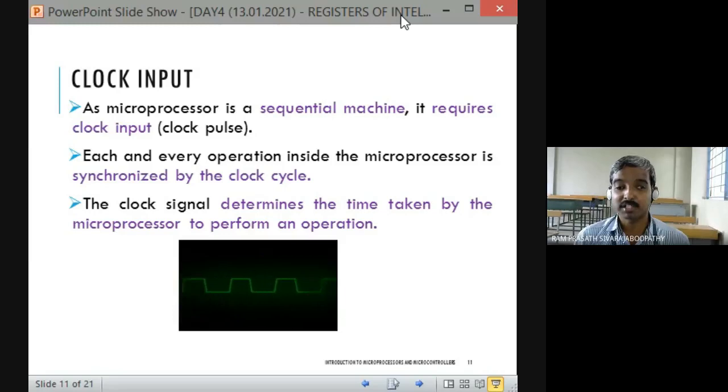What have we said a clock pulse's time period is? The time difference between two successive rising edges or falling edges. From the point where it rises to the next rising edge, that interval is the time period of a clock signal. Clear?